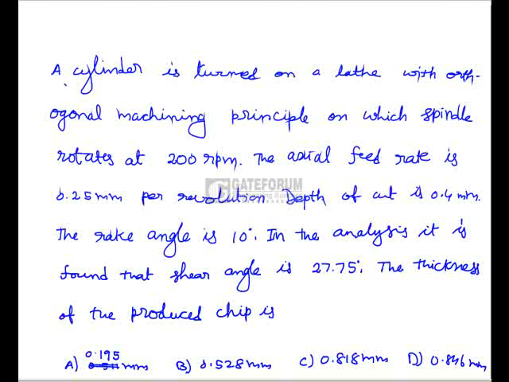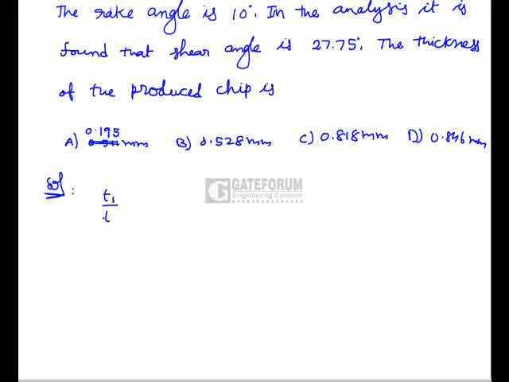We know that the chip thickness ratio t1 by t2 is equal to sin phi by cos (phi minus alpha), where phi is the shear angle and alpha is the rake angle. So all are known values. Here we will have to find out t2.